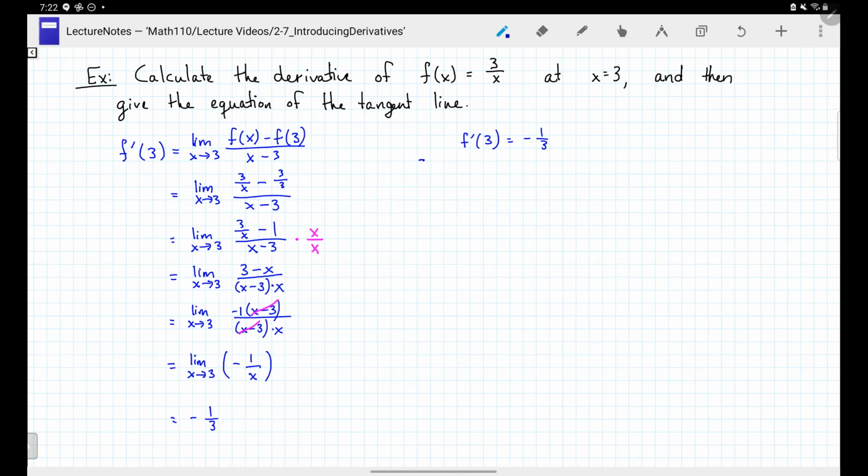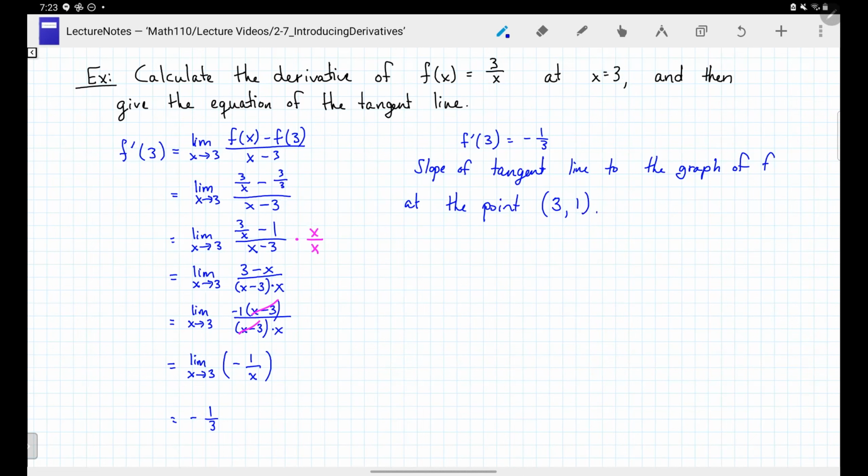This is the slope of the tangent line to the graph of f. And I'm going to say at the point, well, if x equals 3, the y-coordinate is 3 divided by 3, so that's the point 3, 1.